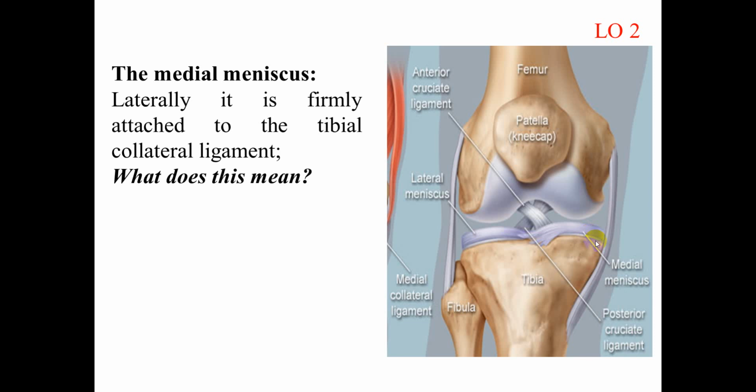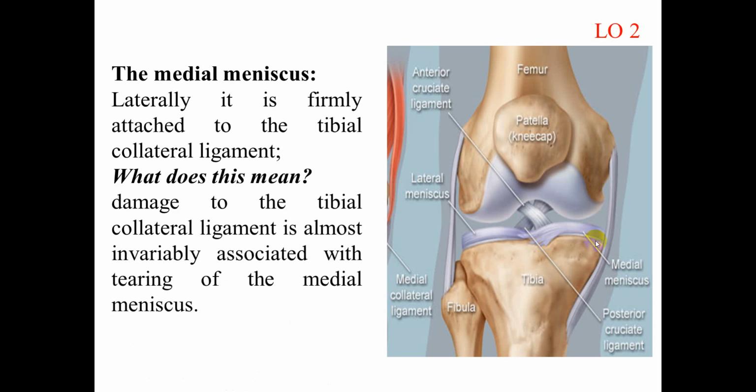What does this mean? If there is a trauma causing damage to the medial collateral ligament, it is almost invariably associated with damage of the medial meniscus, and this makes the mobility of the medial meniscus less than that of the lateral meniscus. So the medial meniscus is more vulnerable to injuries in comparison with the lateral one.